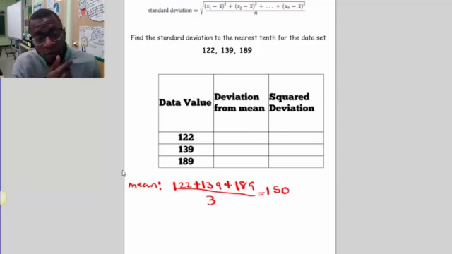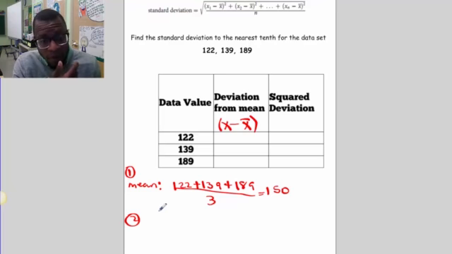So the first thing we want to do is we want to find the mean of these values. Okay, second thing we want to do is that we want to find the deviation from these means. So to find the deviation from these means, we're simply going to take the value itself and we're going to subtract from it the actual mean. Okay, and so our mean is going to be represented by X bar.